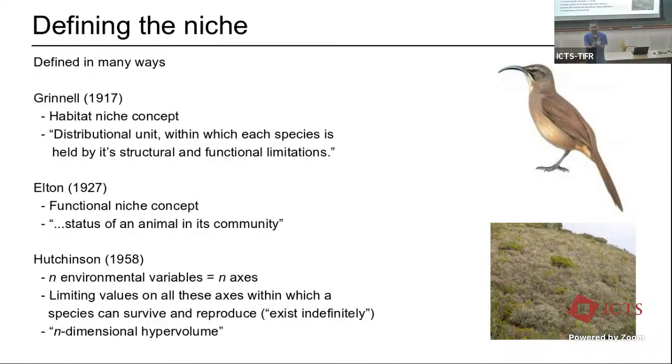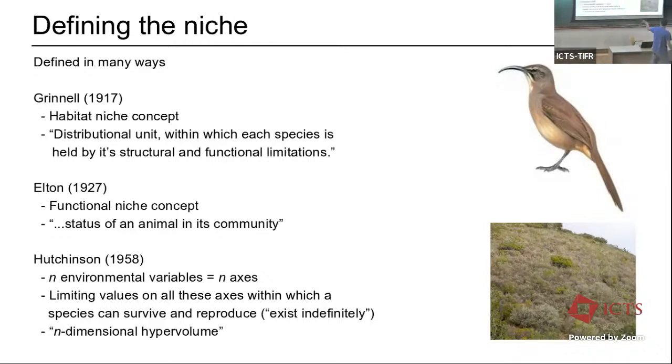So let's say you've got this rainforest frog, right? This rainforest frog is in this location and it's got no interactions with other frogs. And you've got the same species in another location where there are other frogs that are competing with it. The niche of that species here will be different from the niche of the species in the other location.